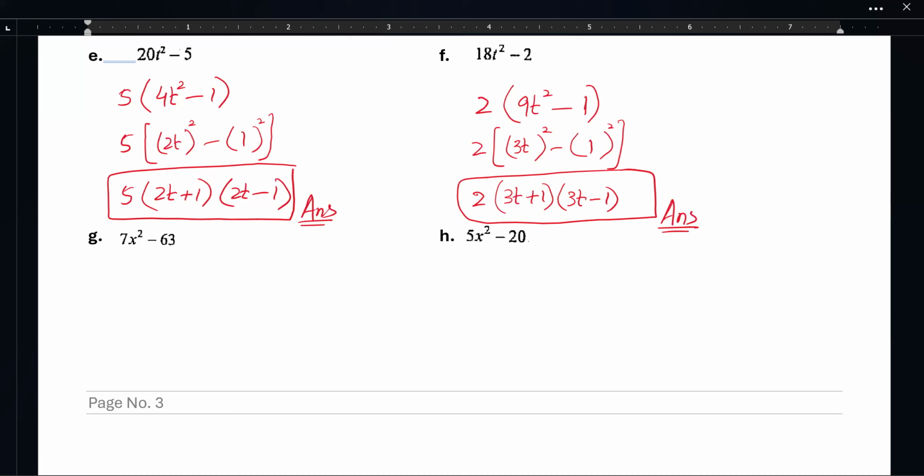Okay, look at part G, 7x squared minus 63. Yes, it's very obvious. Something we have to take common, and which is 7 common. We have x squared minus 9.